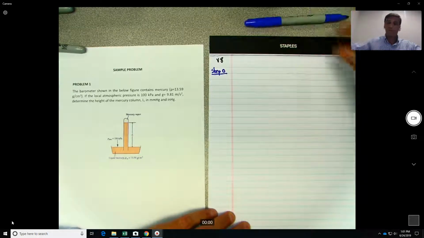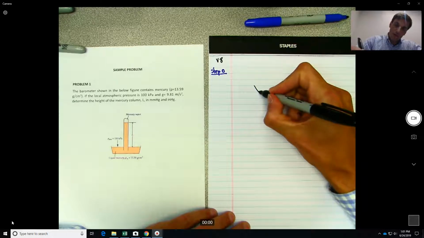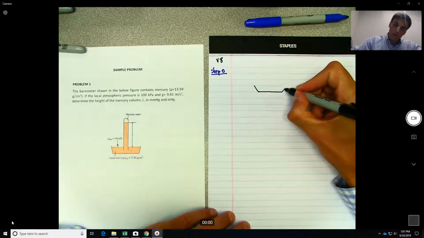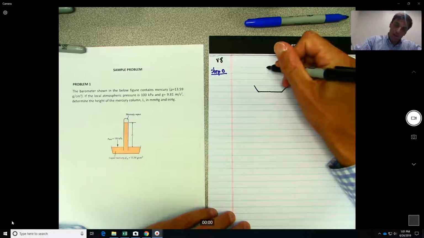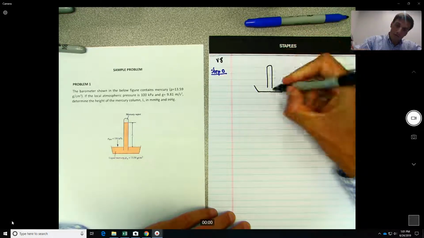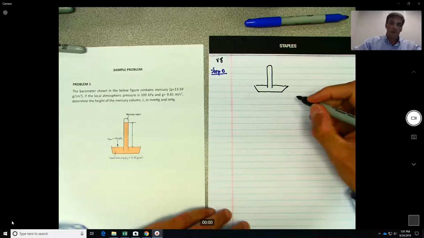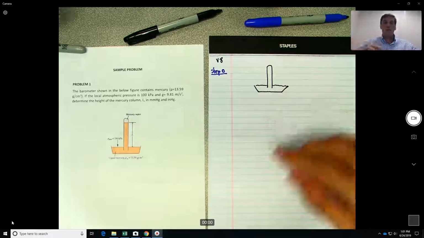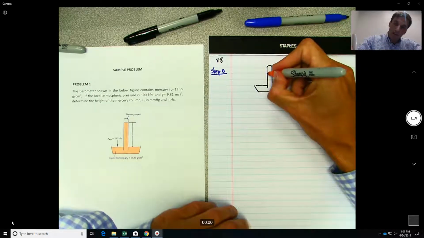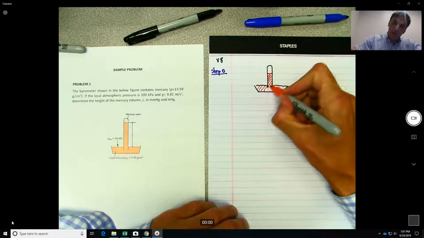So step 0, I look at the figure. Okay, so there's a tube over here. All right, so let's see. So the fluid in question that we are dealing with is mercury. So this is mercury.